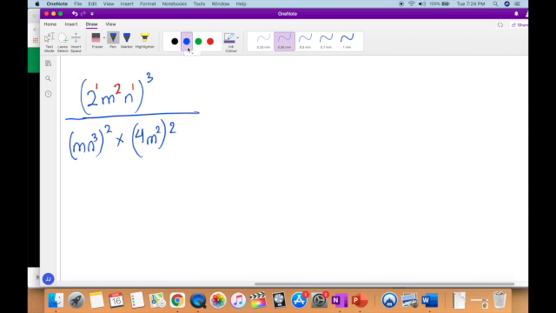So I take the 3, so that'll end up being 2 to the power of 3. m to the 3 times 2 is 6. And 3 times 1, n to the 3. All over, same thing here. This is m to the power of 1, so 2 times 1 is m squared.